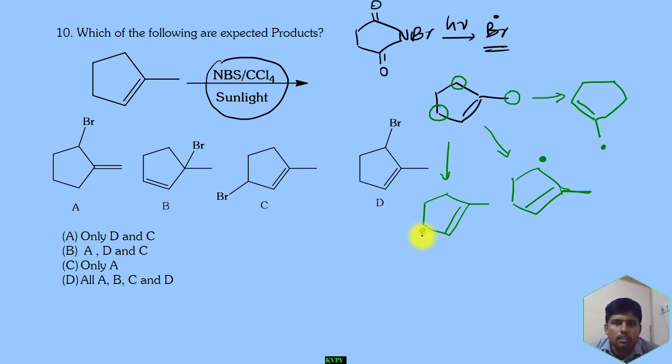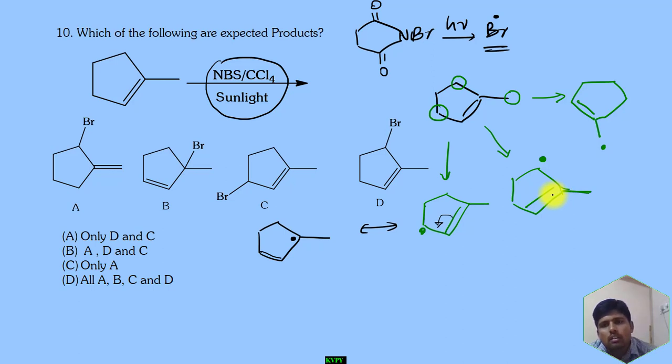So next if we see this, this can actually rearrange itself. I mean, it has a possibility to resonate and form this, if this bond shifts here, and this will be the free radical.